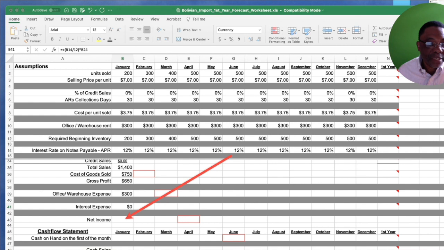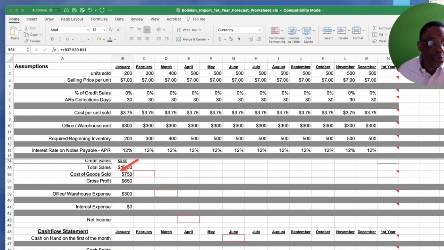Now we can calculate net income for January. That's going to be in cell B43, which is net income. The formula in that cell is B37, which is gross profit, minus B39, which is the office expense, minus B41, which is the interest expense.